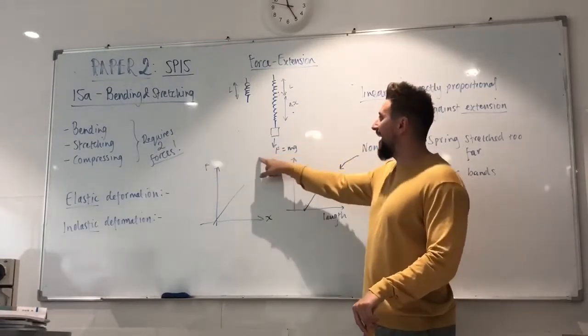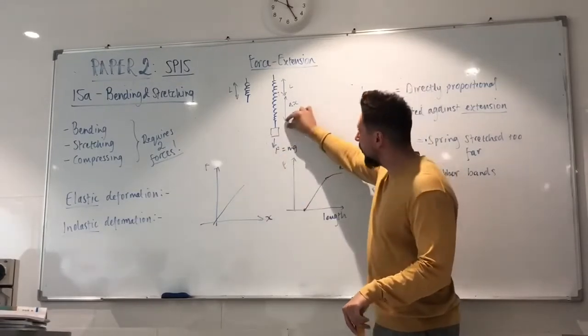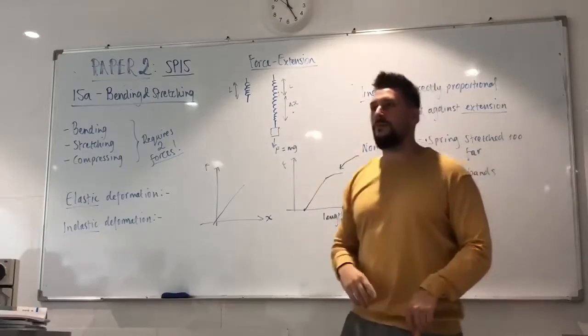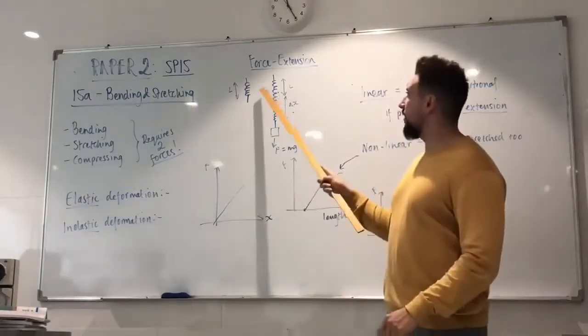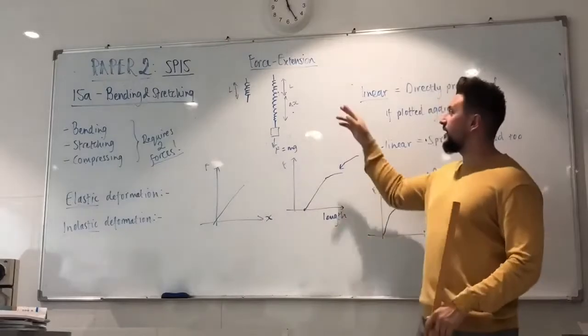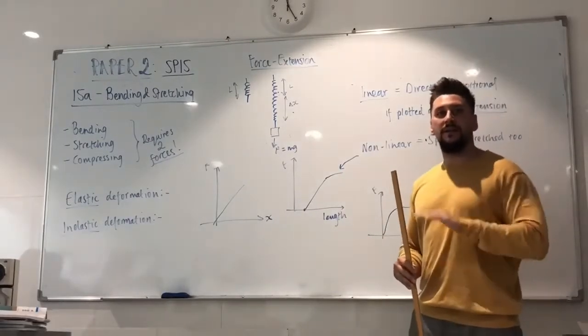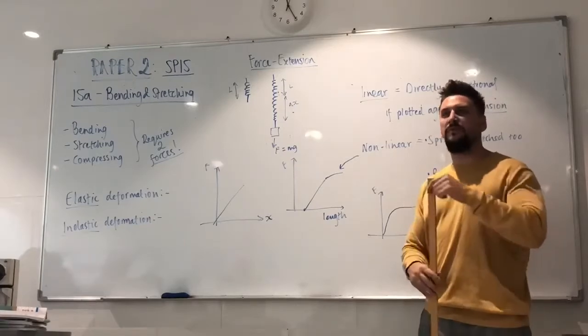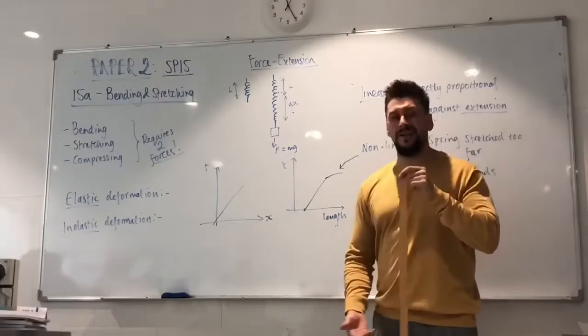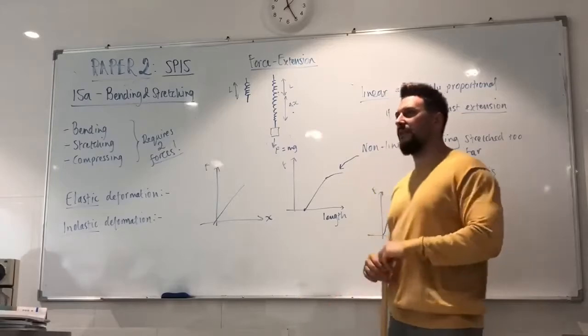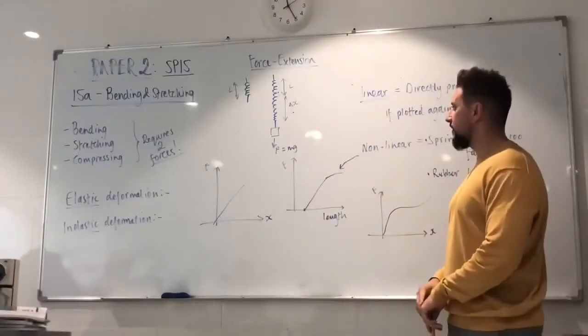The extension, if I add another 10 gram mass, is only the change from the last point it was at, okay? So you have original length, which is obviously the same for every object, and then the extension is what is its change every time I add another force. Okay, and in general, when we do that vertically, the force that I add is going to be the masses times by the gravity if it's vertically and it's going down.